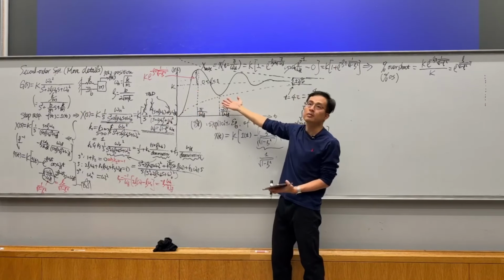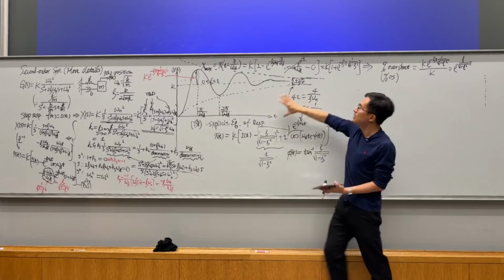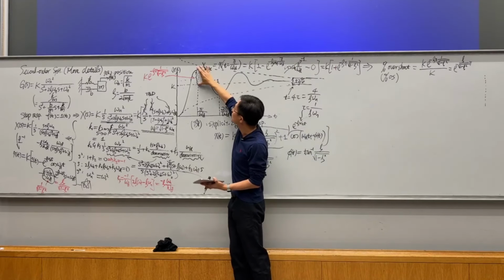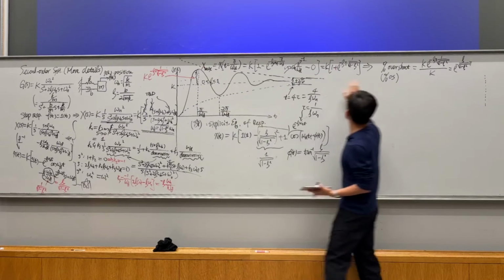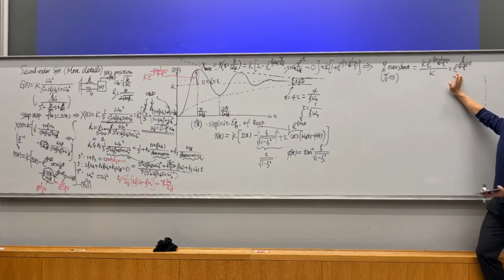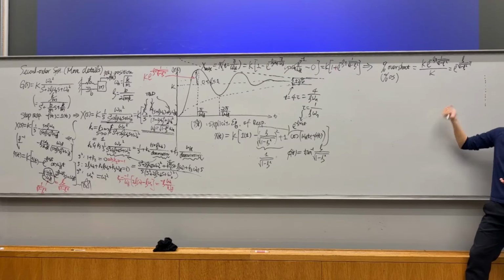We can do experiments: we apply a step to a second order system and get this graph. We can measure this distance and obtain this ratio. And from the ratio we can obtain zeta, because this is purely a function of zeta. Everything else is known. Pi is defined.